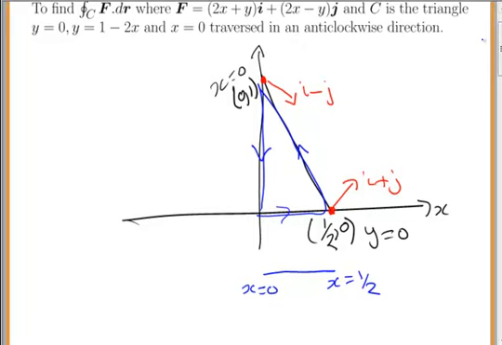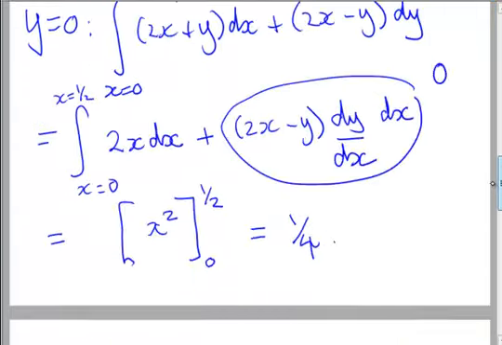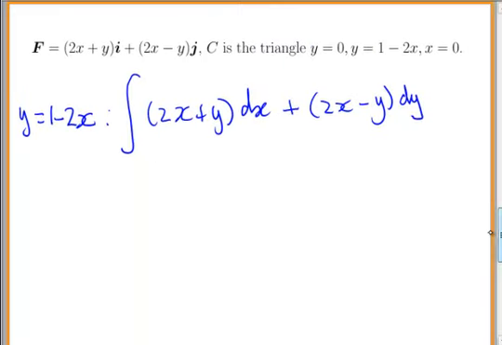Well, we're coming along this line here. So at the beginning of the line we've got x equals a half, and at the end of the line we've got x equals 0. And notice I'm being careful about the direction here.